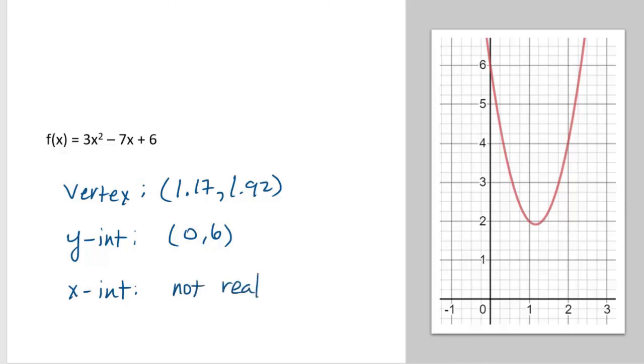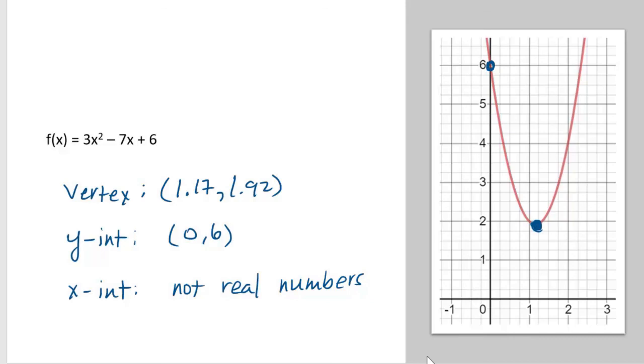So while we can certainly quote the imaginary numbers, for the purposes of graphing, they're not valuable to us. Where is the vertex? Well, we'll find that at the point 1.17 and 1.92. It's right here on this graph. And the only other point that we know is the y-intercept, 0, 6.